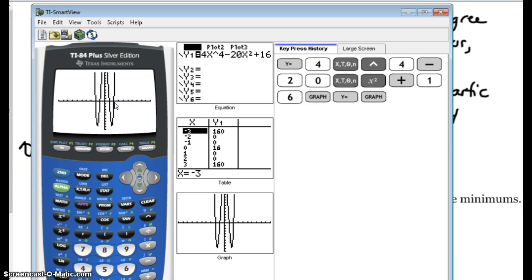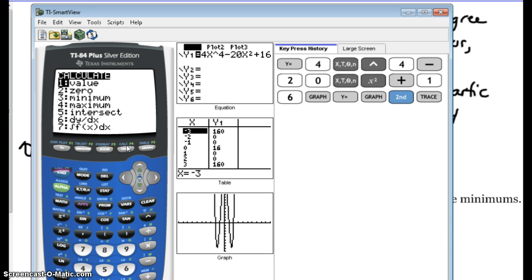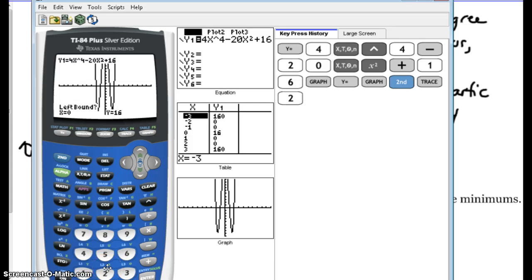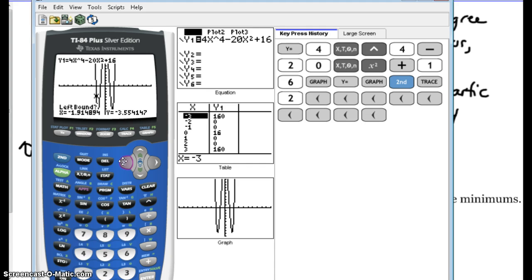So we're going to find all 4 of these. To find them, remember we hit second trace, and once the calculate menu comes up, you hit number 2 for zero. Then it asks you for a left bound. Remember, you're bringing your cursor to the left of the zero, and we always analyze from left to right.